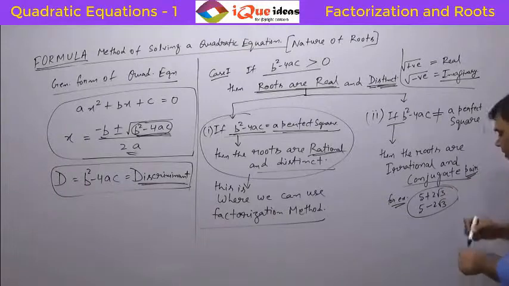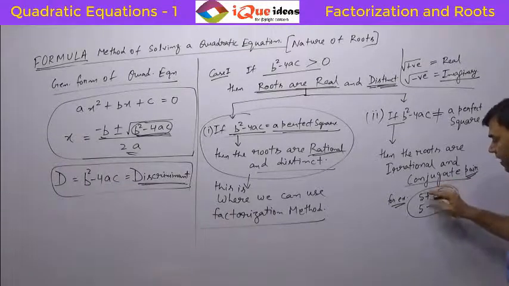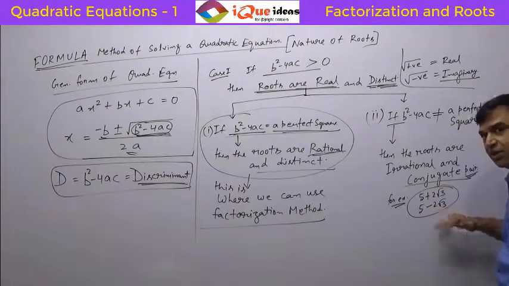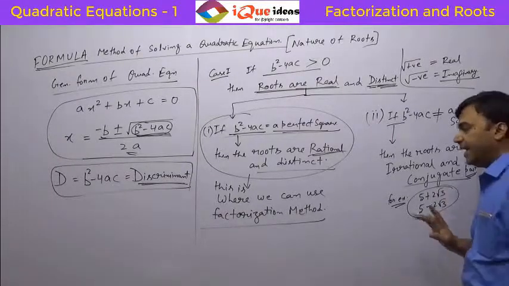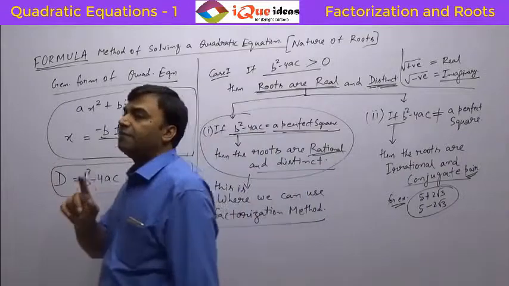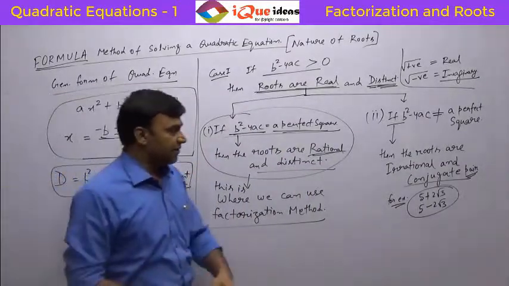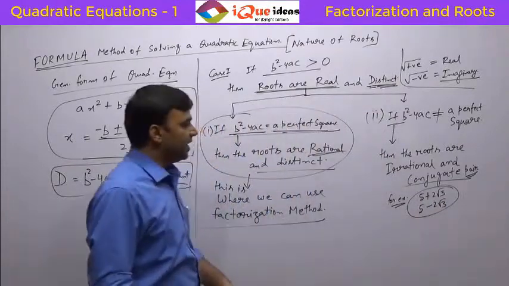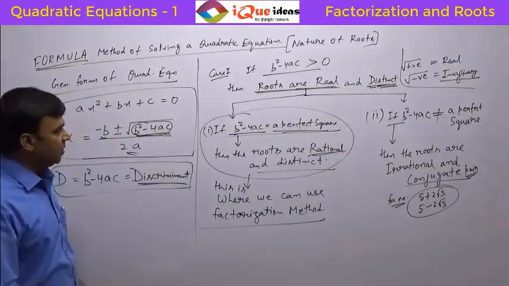What is the meaning of conjugate? Look at this carefully. If one root is a plus b, the other root has to be a minus b. If one root is a minus b, the other root has to be a plus b. Remember, the sign has to be changed only for the part which is irrational, right? So if one root is 5 plus 2 root 3, the other root has to be 5 minus 2 root 3, right? So remember two conditions from here.